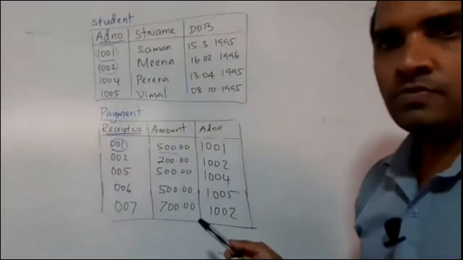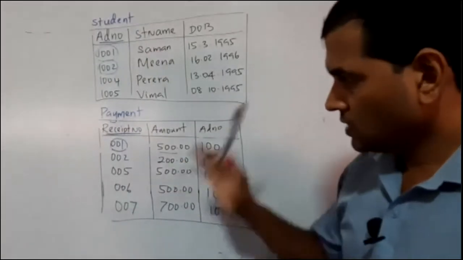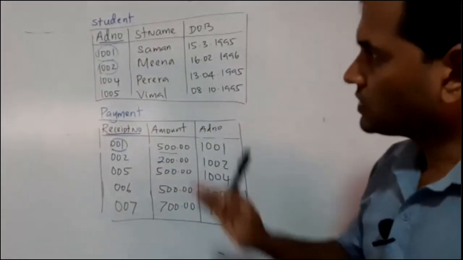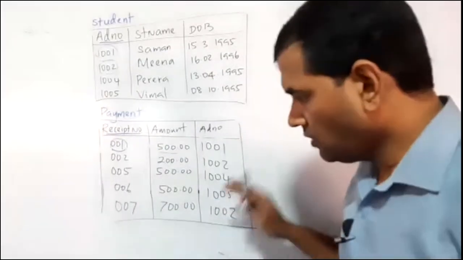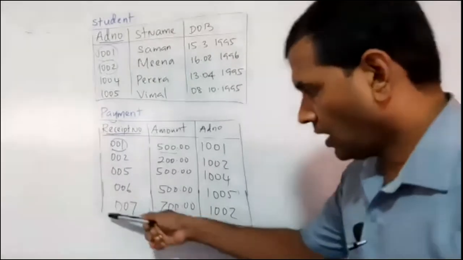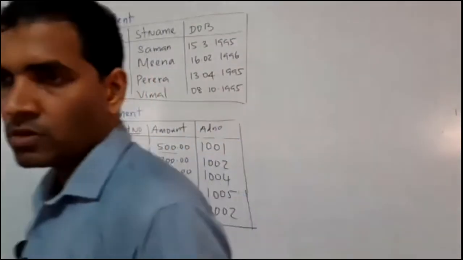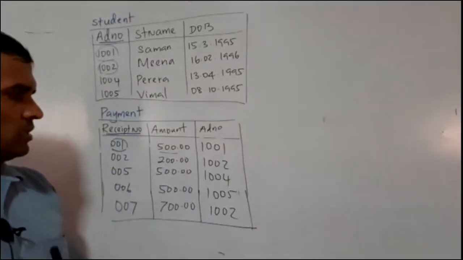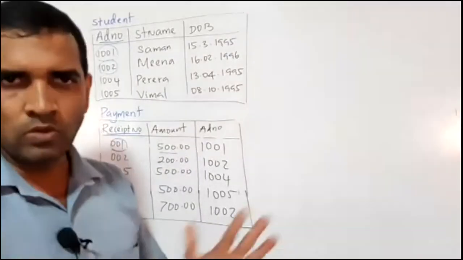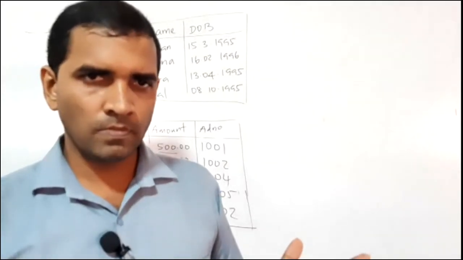So two tables, student table, payment table, same tables, same fields. The only difference between the first relationship and this one is that I have a new record there. Now you don't need to have any assumption.